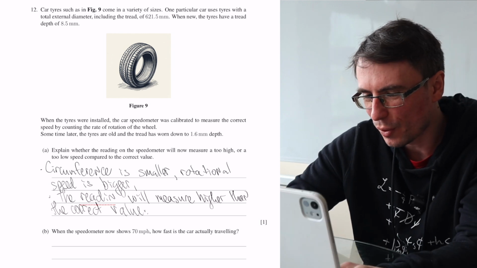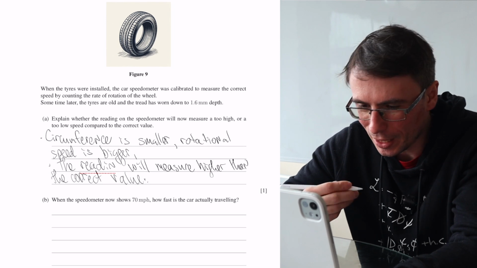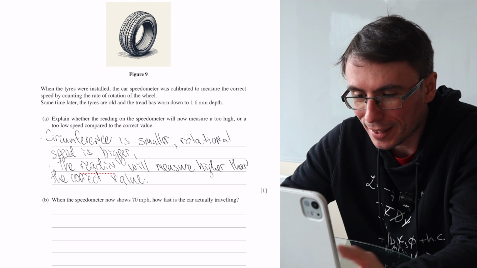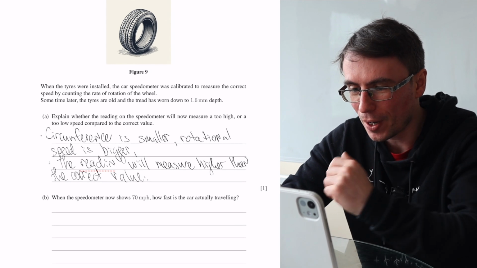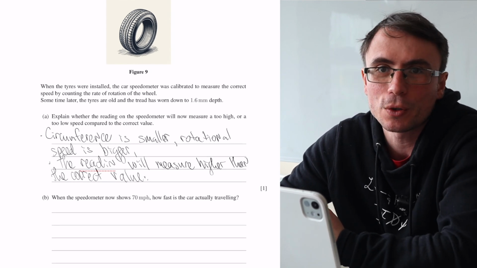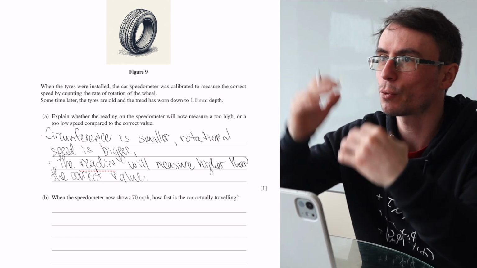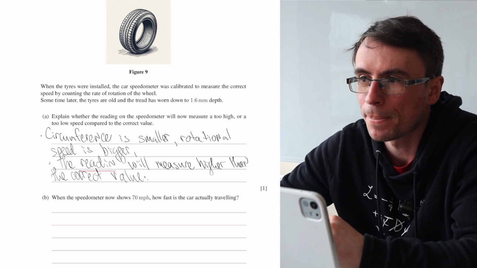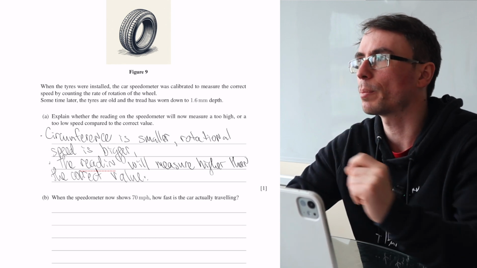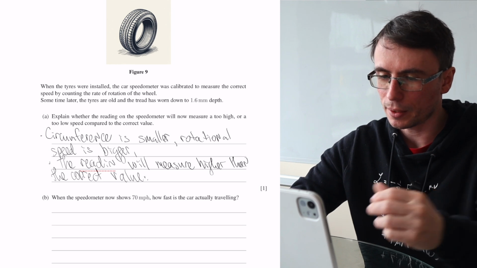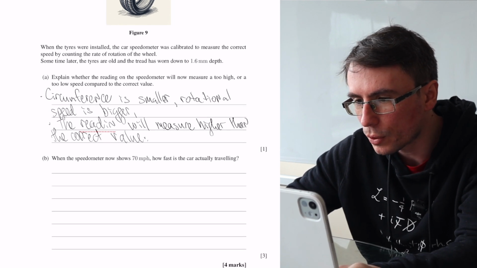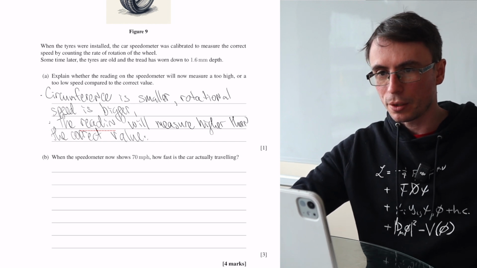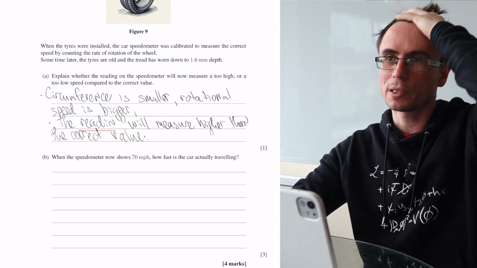Now, the next question I thought was quite difficult when I came across it. It is asking us, when the speedometer now reads 70 miles an hour, how fast is the car actually traveling? So the tread has worn down and the radius is now actually smaller. The thing to realize in those problems is that the car is still going to be moving at some value of its linear speed.